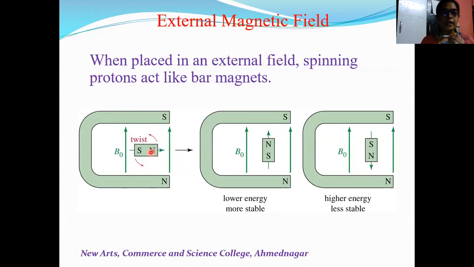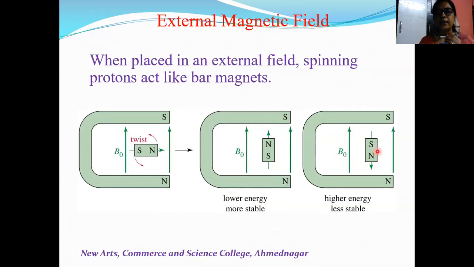Once these two magnets come together, either two opposite poles come together, or two similar poles come together. When opposite poles come together, there is an attraction between the two magnets. Therefore, there is a lowering of energy, and if the two magnets are attracted to one another, it becomes a stable orientation.